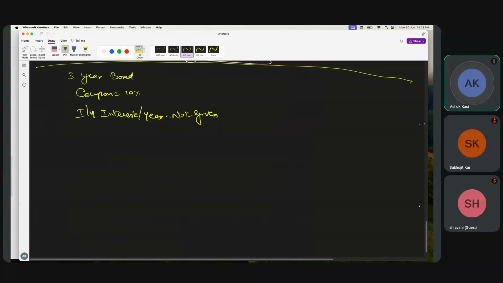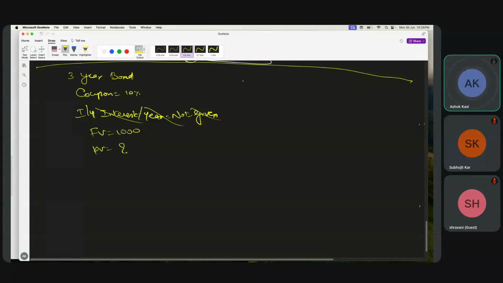Shravani, you might not know this, right? No, sir. So right now you ignore this part. Coupon means the interest that you get on your bond. The face value, imagine, is 1,000. We have to find out the present value.